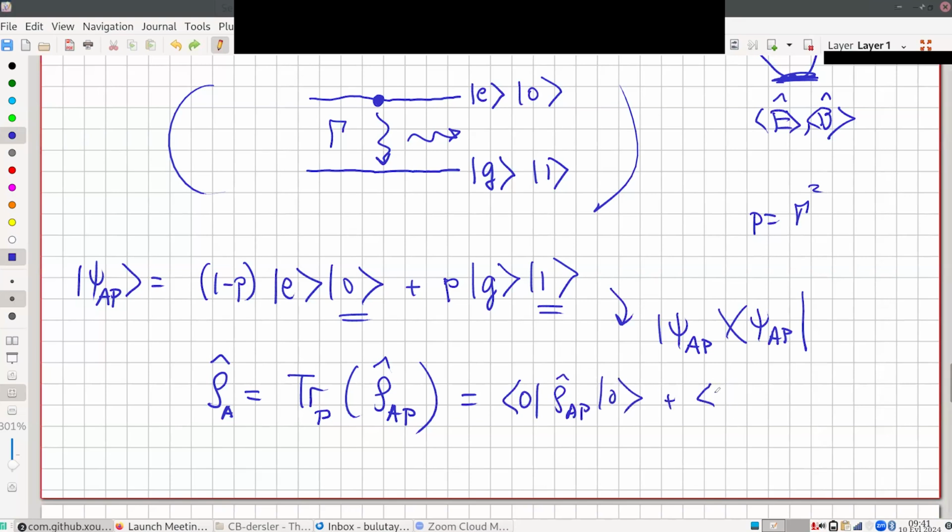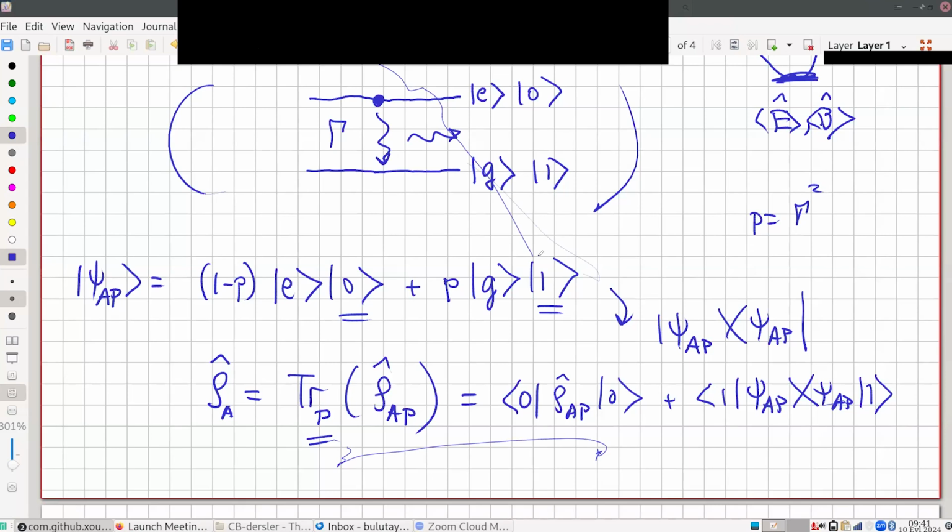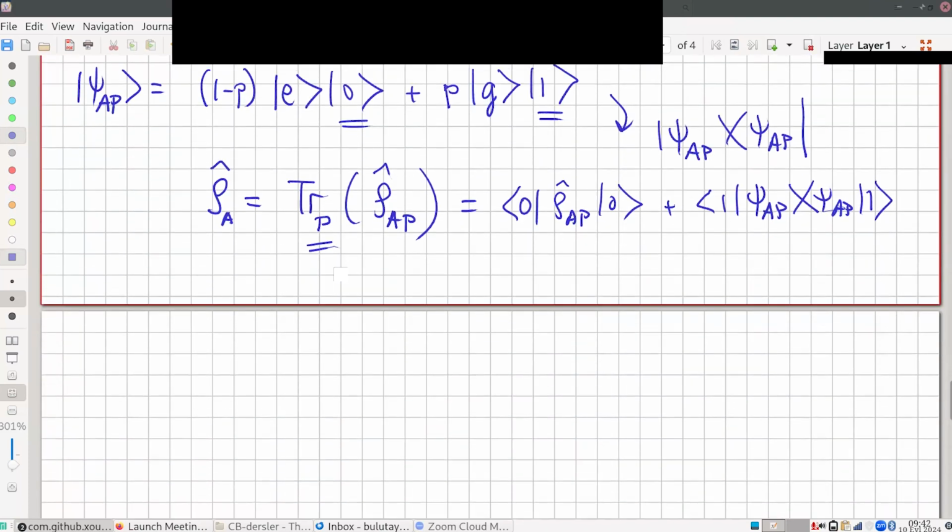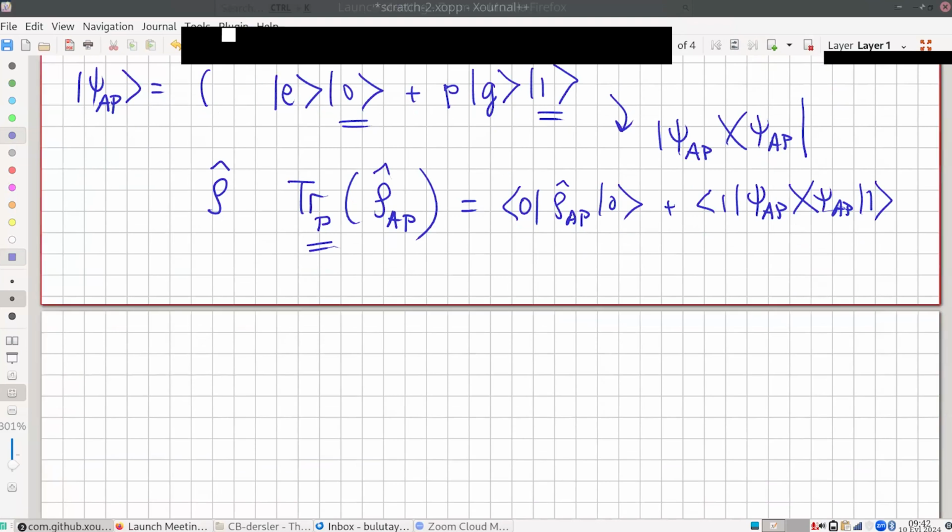So this is the trace over the photonic degrees of freedom. Okay, sorry for this. So let's just do this.